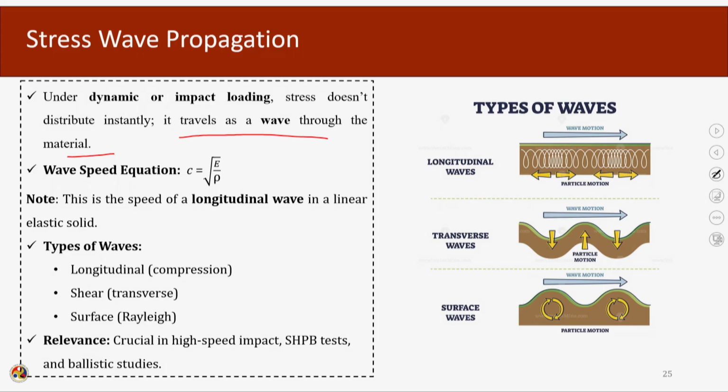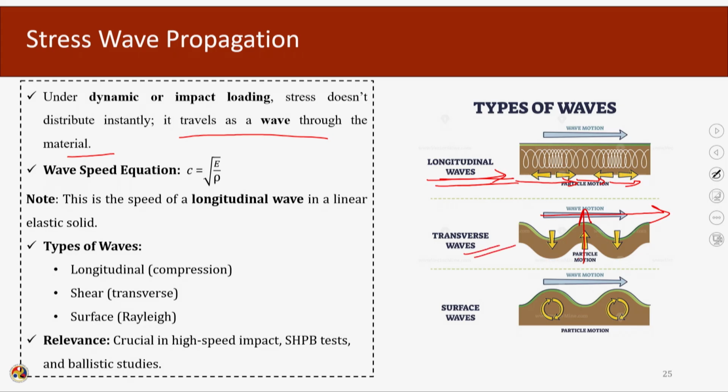So, if we are considering the different types of waves, there is something called a longitudinal wave, where the particle motion is in compression, elongation, compression, elongation. These are called longitudinal waves. If the particle motion is perpendicular to the motion of the wave, this is called a transverse wave.